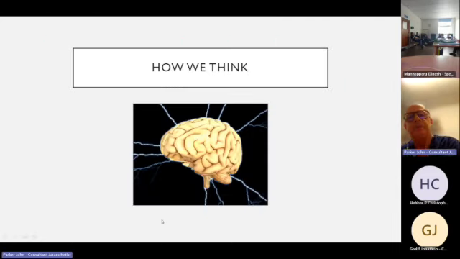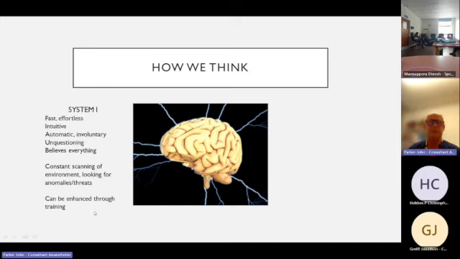So now some brief stuff about how we think, and the process involved. This is commonly held psychology about how we make decisions about the world around us. Broadly speaking, it's broken down into two systems, what's known as System 1 and System 2.